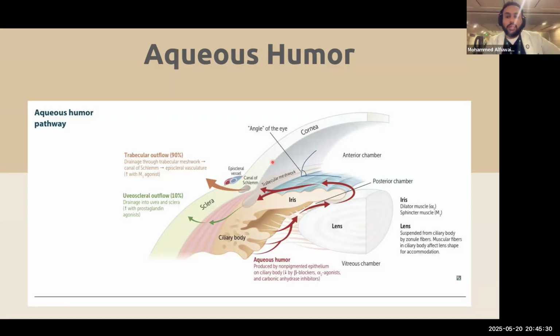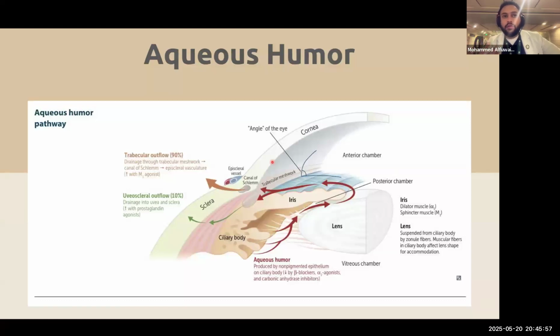So it's usually described as an elderly woman or man who presents with sudden onset severe eye pain, decreased vision, and a dilated pupil. These are important findings for acute angle closure glaucoma. Open angle is chronic. These are important differences.